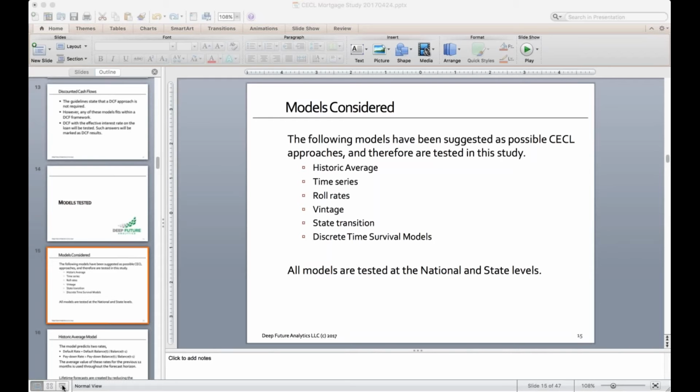It's here only as a point of comparison. Time series models, roll rate models, vintage models, state transition models, and discrete time survival models. This is our set that we want to compare, all of which are tested either as a nationwide model, a single model, or as 50 individual state level models.